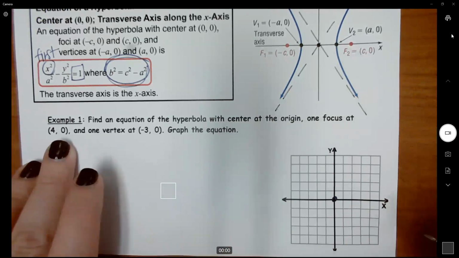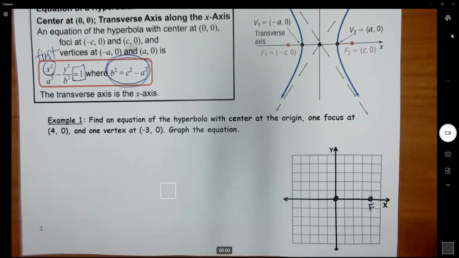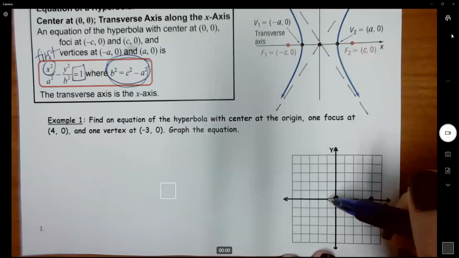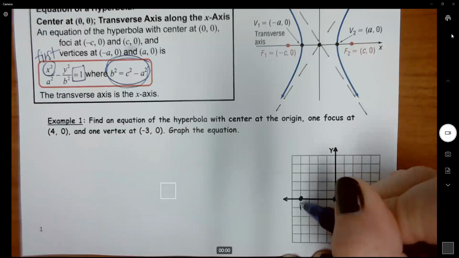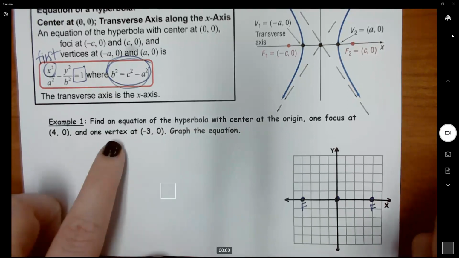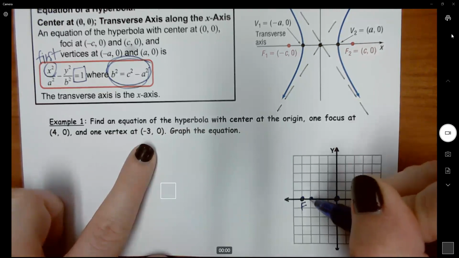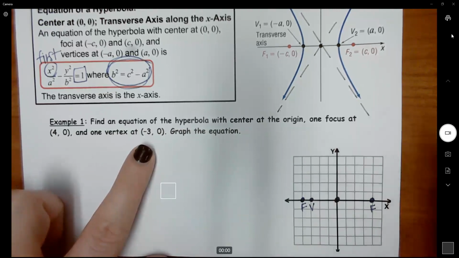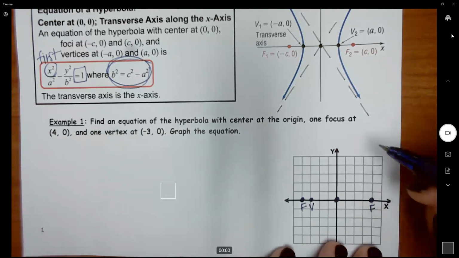We have a focus at 4, 0. And so my foci are going to be equal distance from this center. So that means my other focus is 1, 2, 3, 4 in the other direction. I have a vertex at -3, 0. And again, that vertex is also equal distance from the center. So I'm going to go 3 the other way.